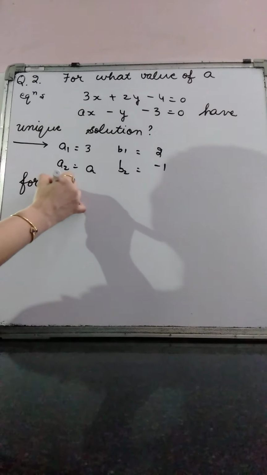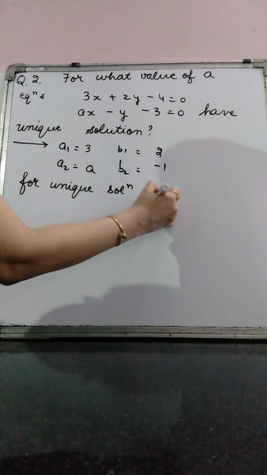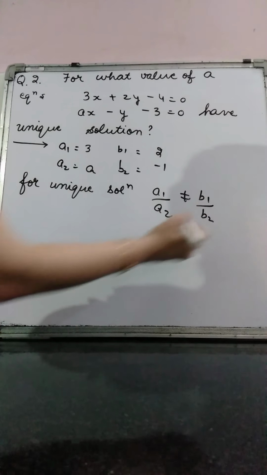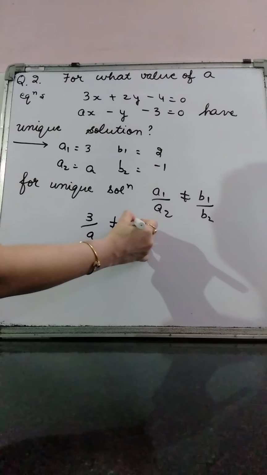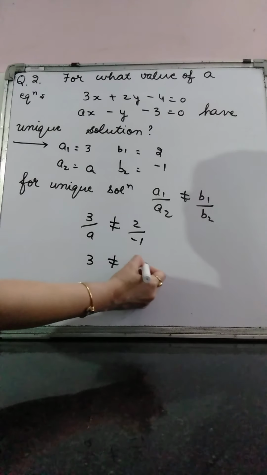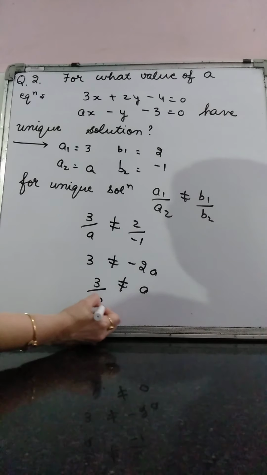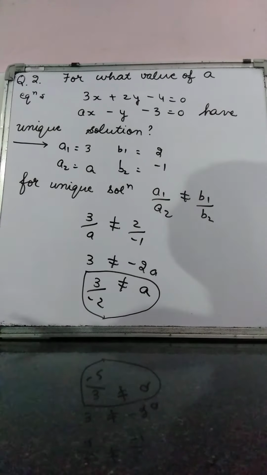For unique solution, apply the condition a1 by a2 not equal to b1 by b2. Now substitute values, that is 3 by a not equal to 2 by minus 1. Now cross multiply, bring minus 2 in the denominator, so the value of a is not equal to minus 3 by 2.